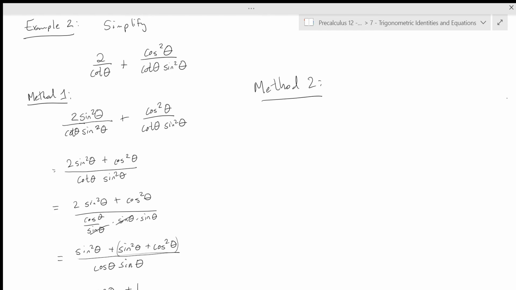So we could go 2 over cosine theta over sine theta, plus here we have cosine squared theta over cosine theta over sine theta times sine squared theta. So I'm just going to cancel the squared with a sine here. Then we have a cosine, if you notice, that cancels right here.